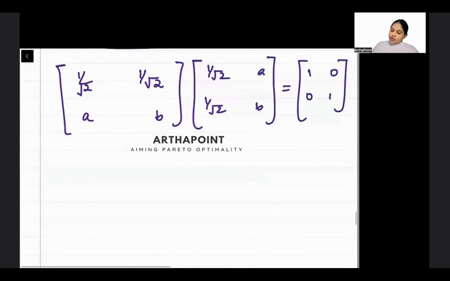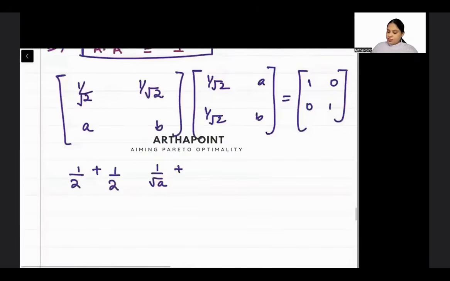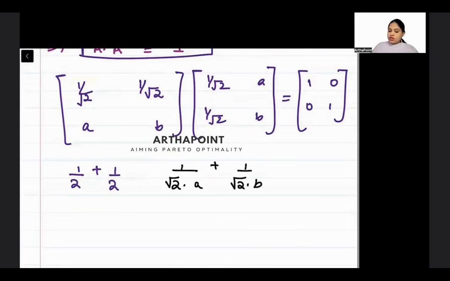So if I start solving this beta, 1 by root 2 into 1 by root 2 is 1 by 2 plus 1 by root 2 into 1 by root 2 is 1 by 2. 1 by root 2 a plus 1 by root 2 into a plus 1 by root 2 into b. देखो, इसको इससे मल्टीप्लाई करो प्लस इसको इससे. 1 by root 2 into a plus 1 by root 2 into b and a square plus b square.